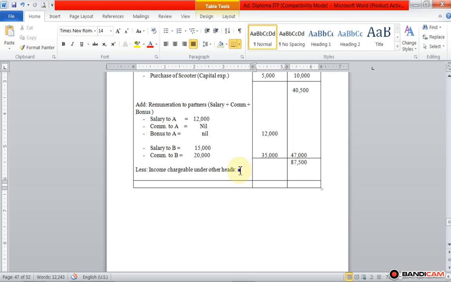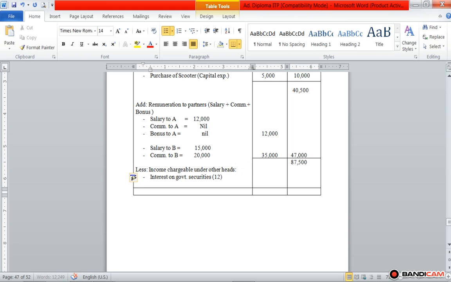Okay, so here interest on government securities, okay, not taxable, into bracket 12,000 plus 3,000 is equal to, only one, so directly we write it in outer column 15,000.